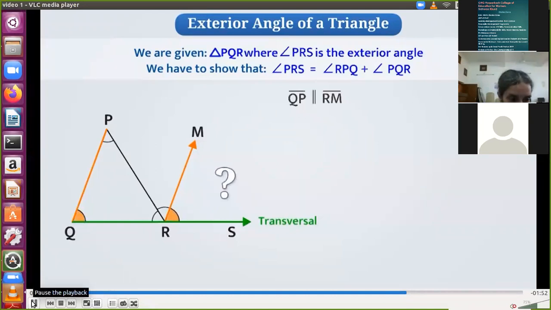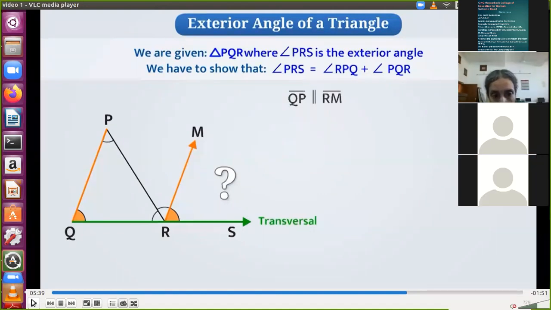Now what we see here is, can you tell me angle PQR and angle MRS, what is the relationship between these two angles? Anybody? Unmute yourself. Yes.